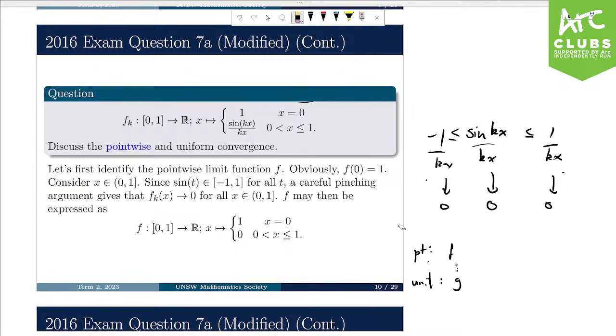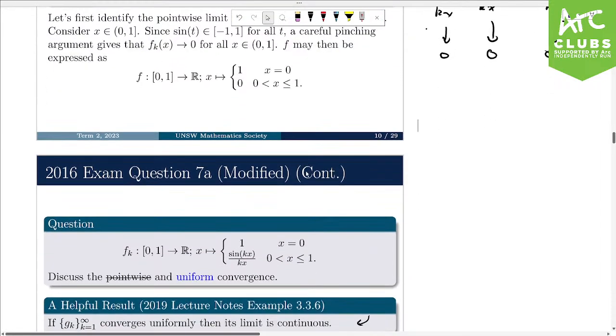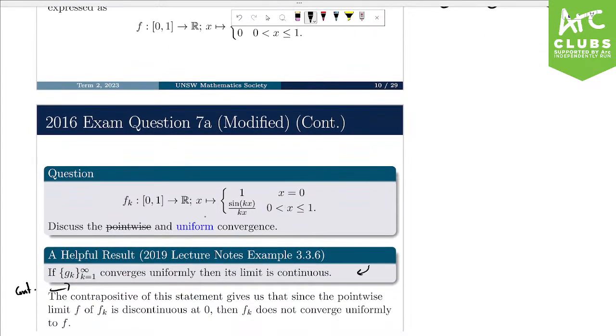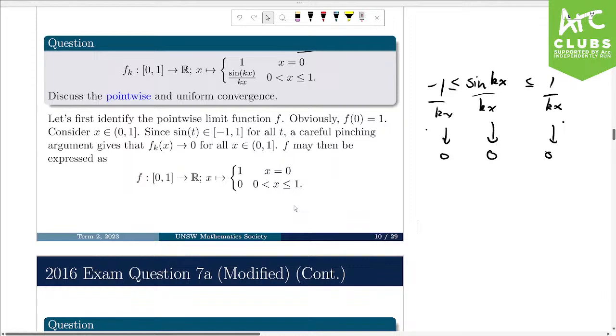So the maximum difference won't go to 0. Based on that, what we know is that if this converges uniformly, it has to converge to this function too.